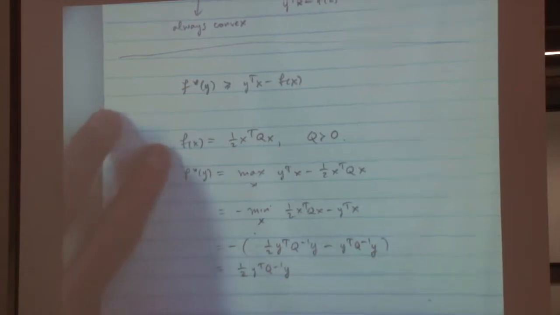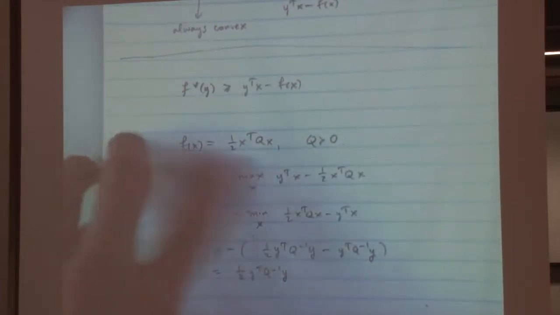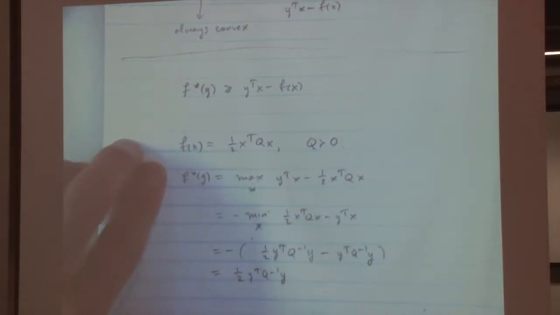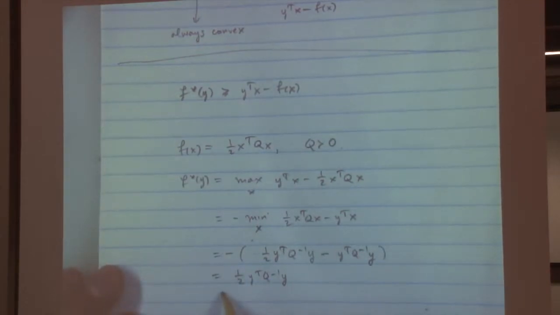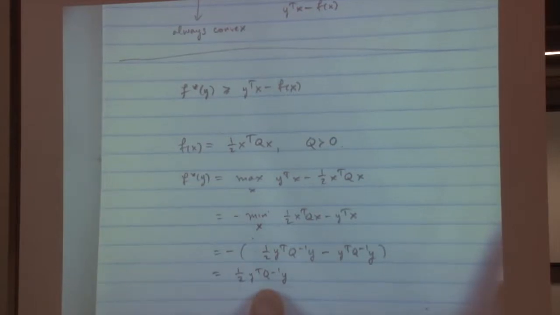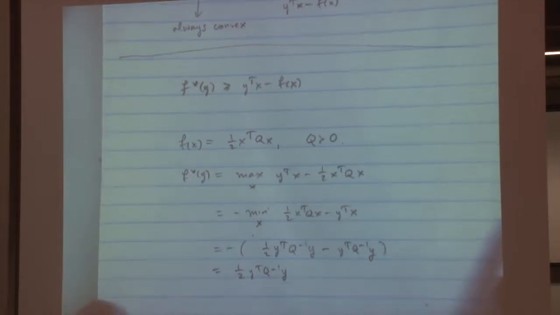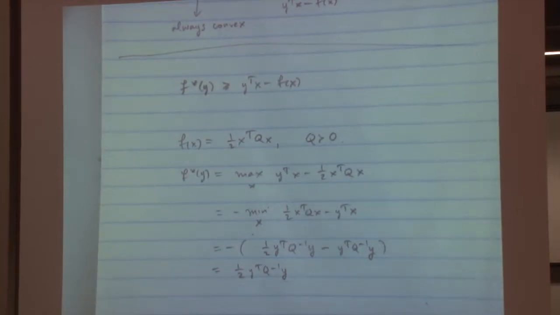So if f is a convex quadratic with strictly positive definite Q, its conjugate is a quadratic in the inverse of Q. This is again a strictly convex function, because if Q is positive definite, then so is Q inverse. So that's an example of a conjugate.